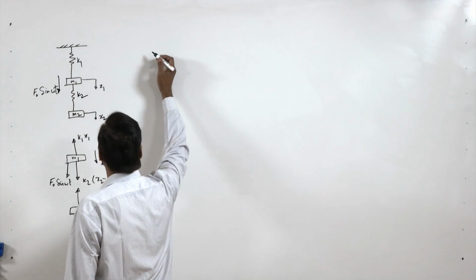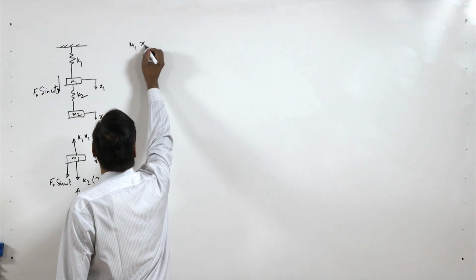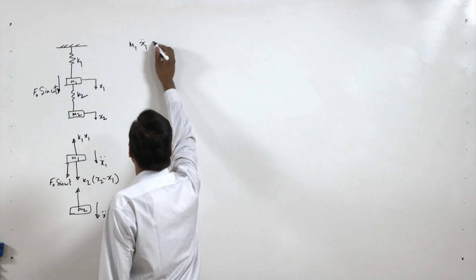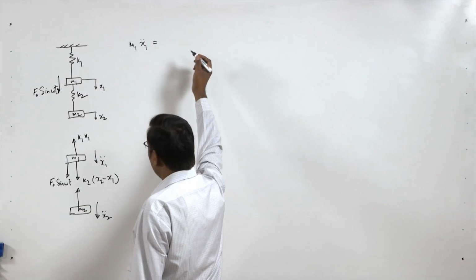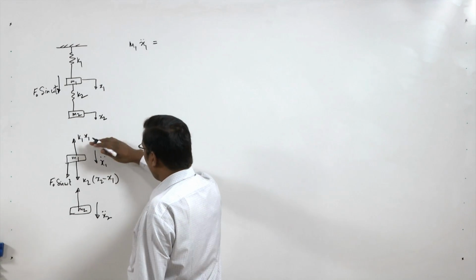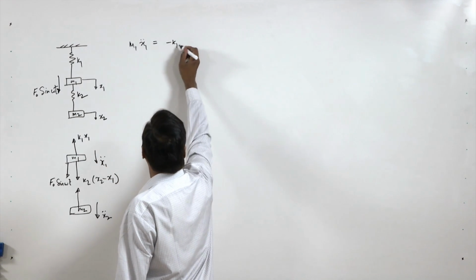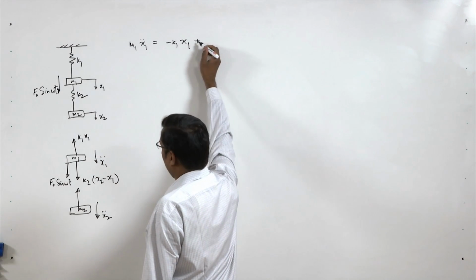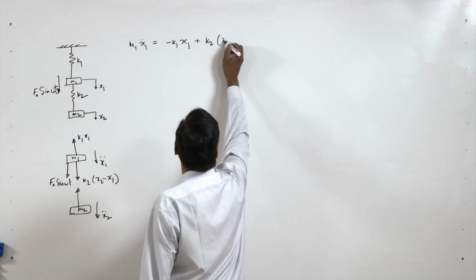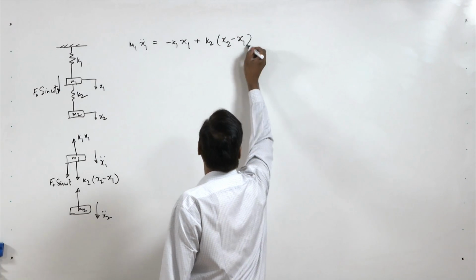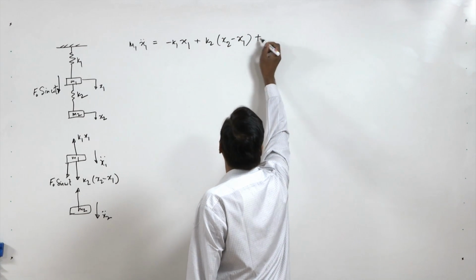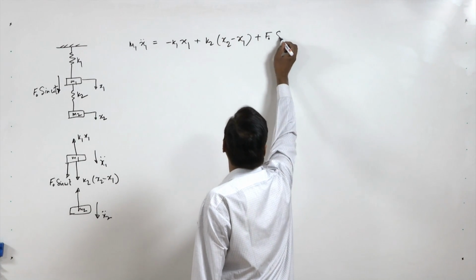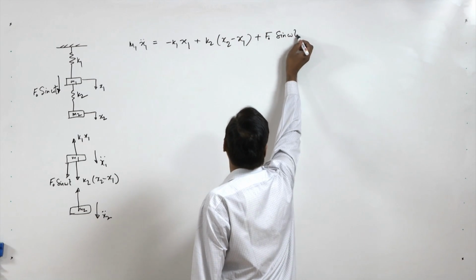So for the first mass, m1 x1 double dot equals the summation of the forces, so minus k1 x1 plus k2 (x2 minus x1) plus F0 sin omega t.